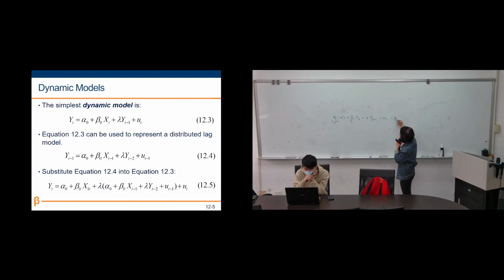So this is 12.3. This is what we call the dynamic model.